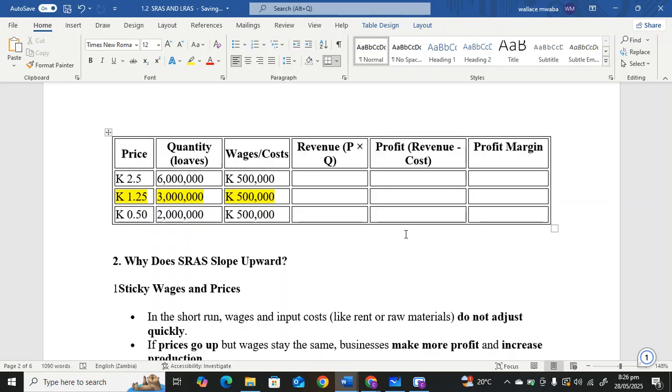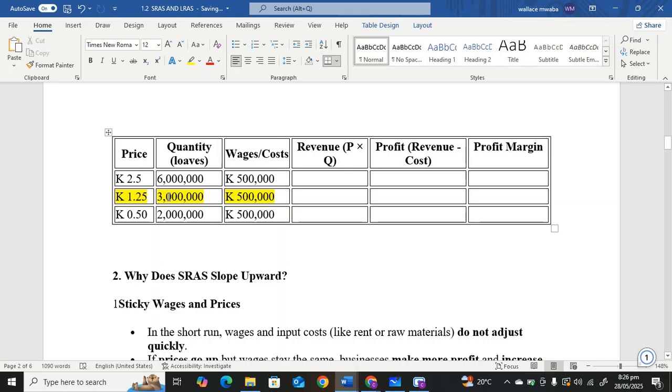You have to wait for your contract to expire before you can negotiate. So for your business, since the wages and certain other costs stay the same, that's the assumption, what it can do is increase its output. Apart from increasing the price, they also increase output.